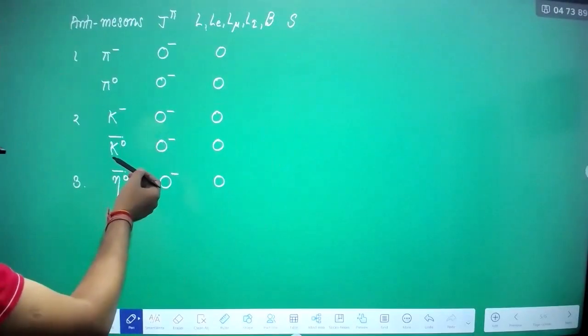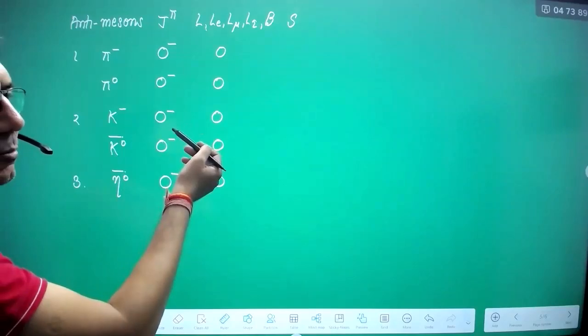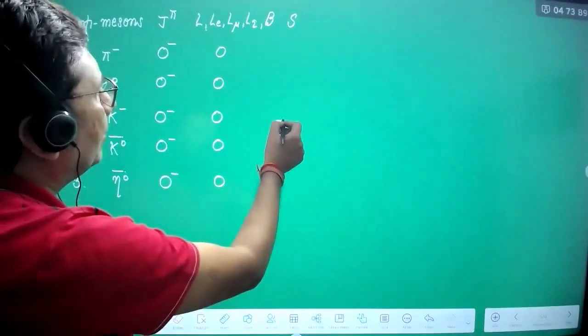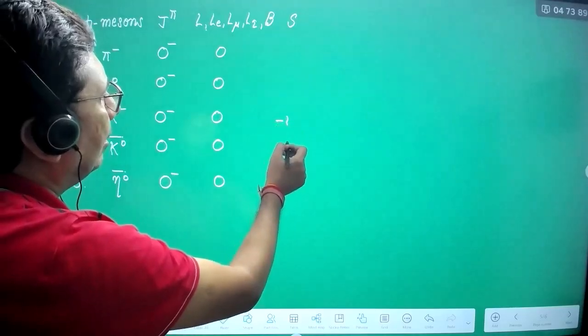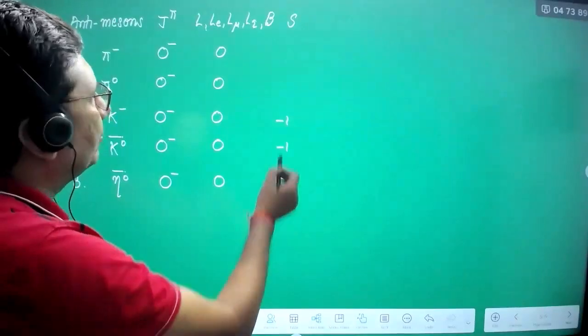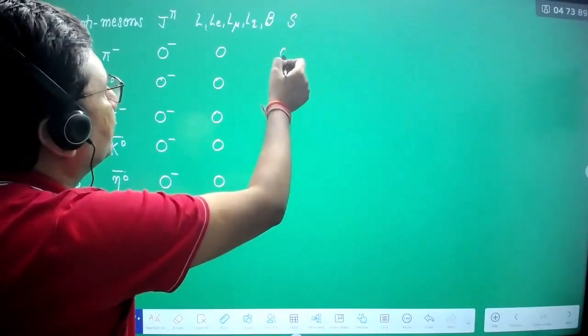Only these kaons possess strangeness number. Their antiparticles are going to possess the opposite. K plus and K naught possessed strangeness number plus 1. Now K minus and K naught bar are going to possess minus 1 strangeness number. Others don't have it. They are not strange particles.